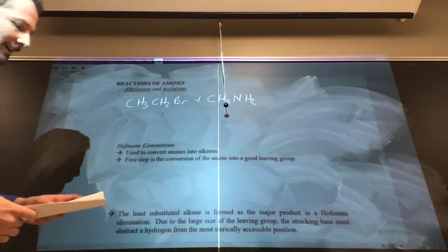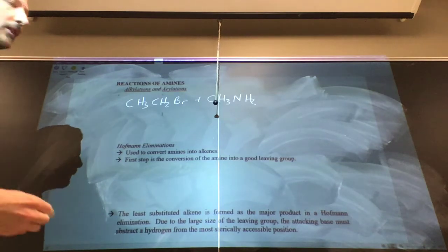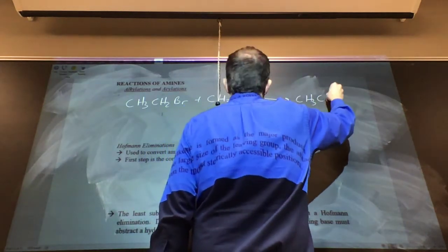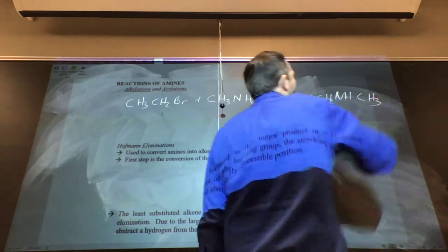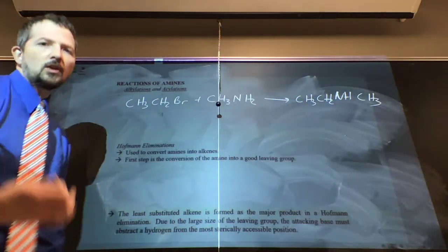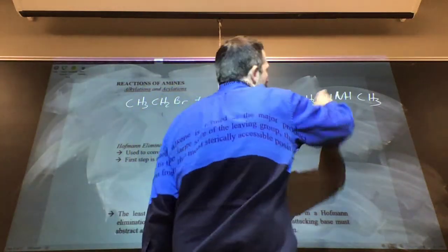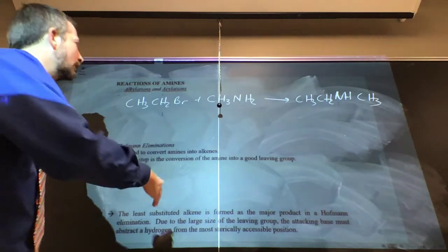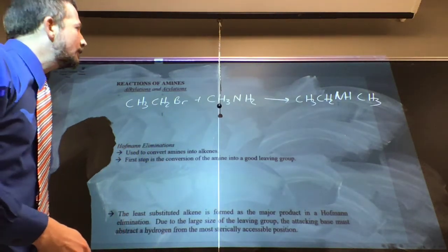So if you had some kind of an alkyl halide and you react that with an amine, you get the SN2 reaction. Again, you could get multi-alkylations from that, because your nitrogen is now more nucleophilic, so it can react with more of your ethyl bromide in this case.